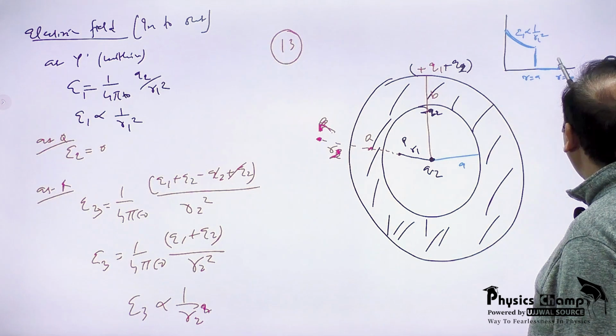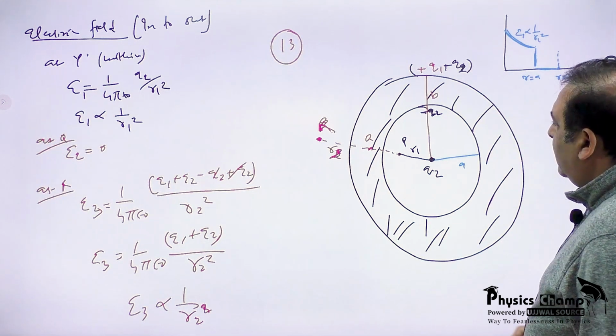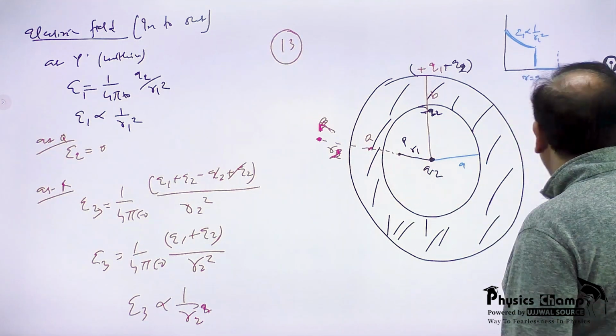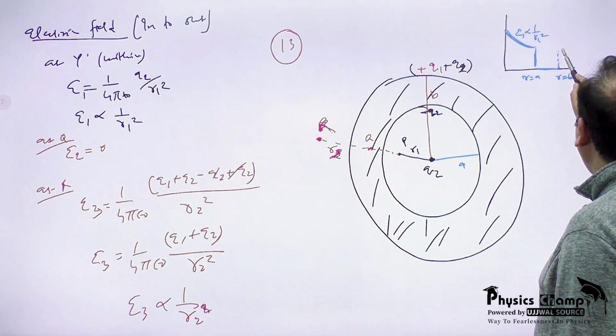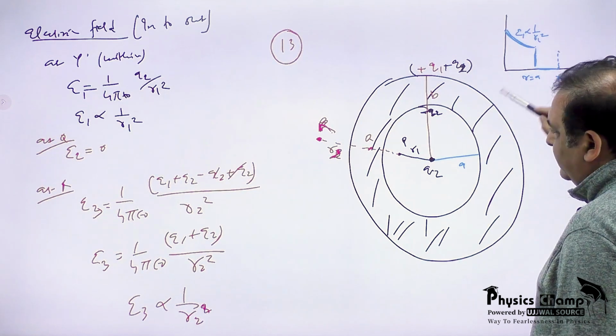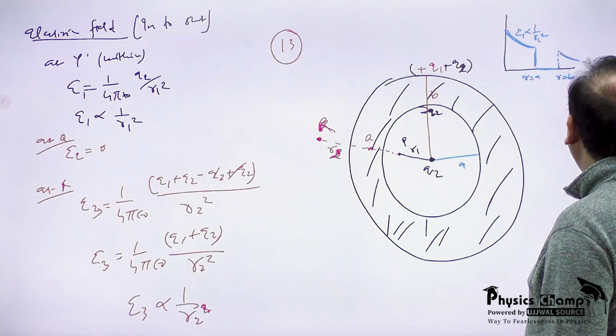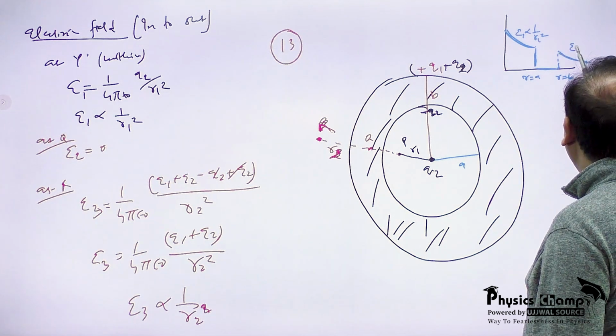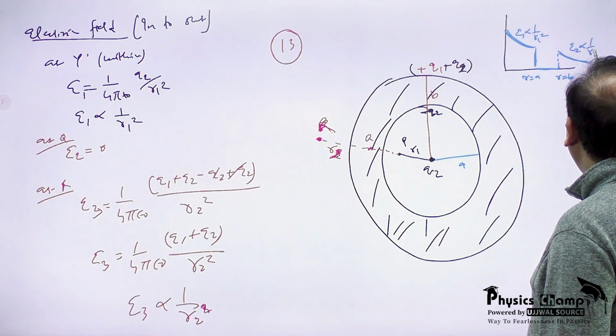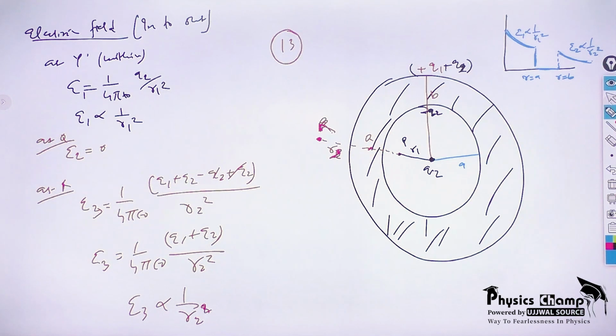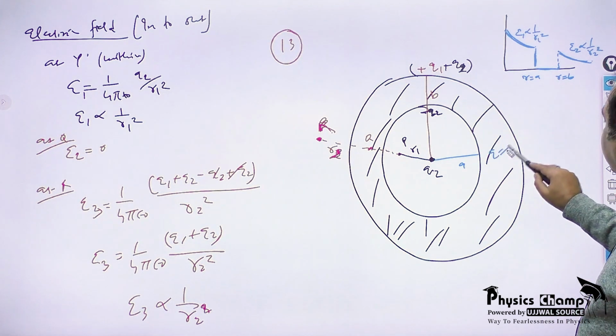But then, once again, from B to outside, the electric field is inversely proportional to R2 square. So in the conductor, the electric field will be 0.